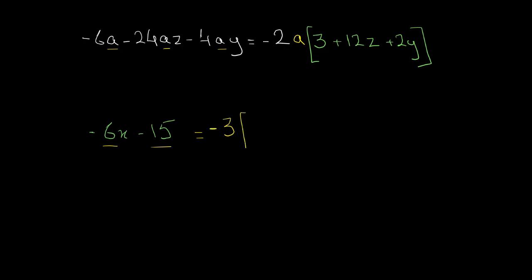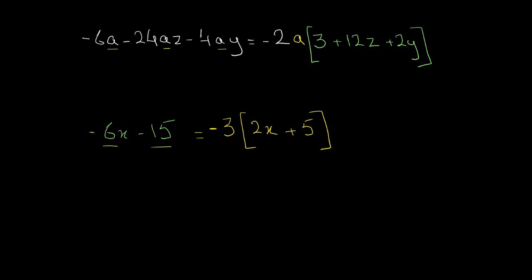Then you're going to be left with 2x plus 5, and that's the answer. Hopefully this idea of factorization is clear, and the way you check your factorization is to expand it out, and you should get the answer that you started out from, okay?